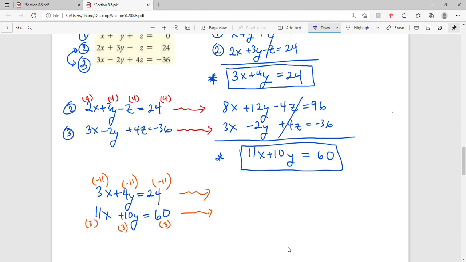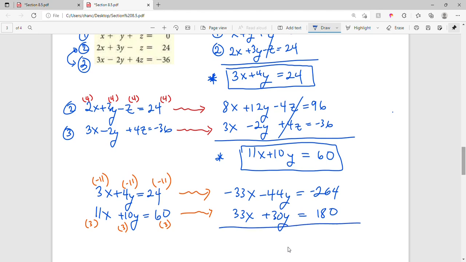The first equation simplifies to negative 33x minus 44y equals 24 times 11 is 264. So this is negative 264. For the bottom equation, we have 33x plus 30y equals 180.